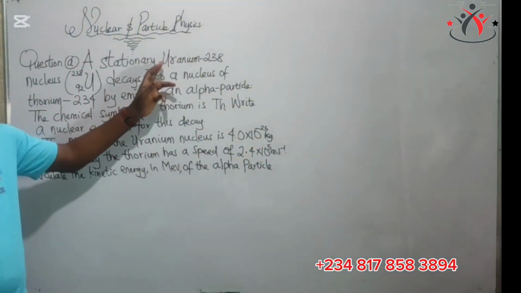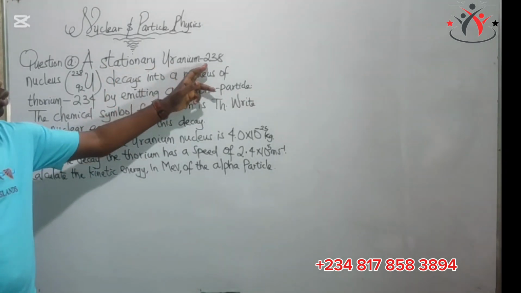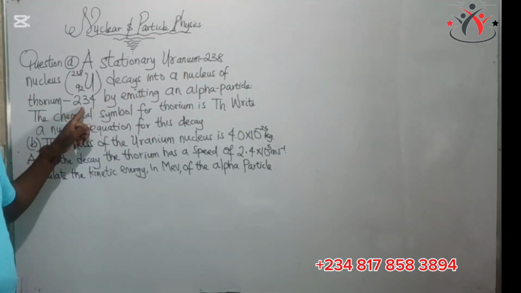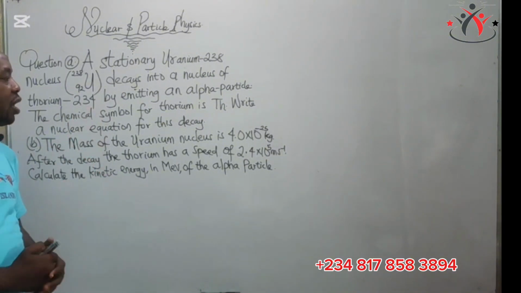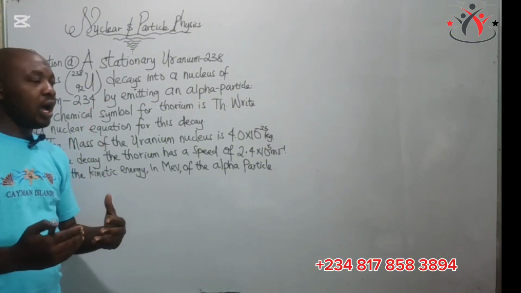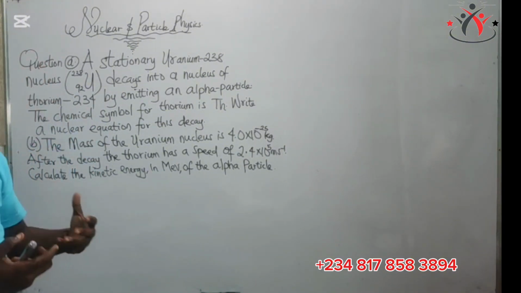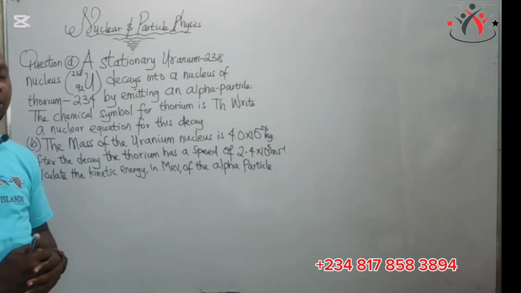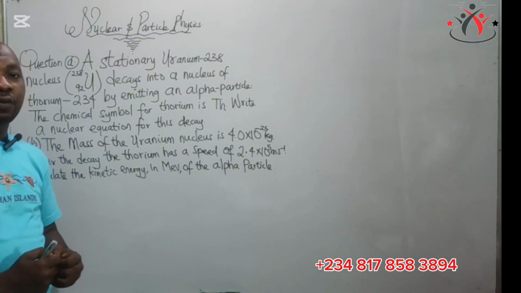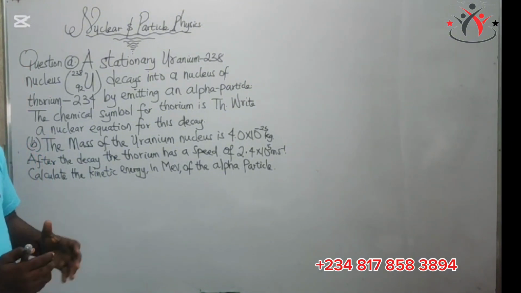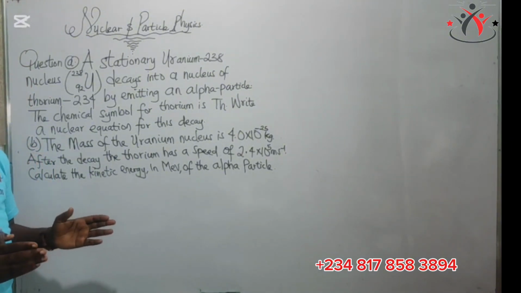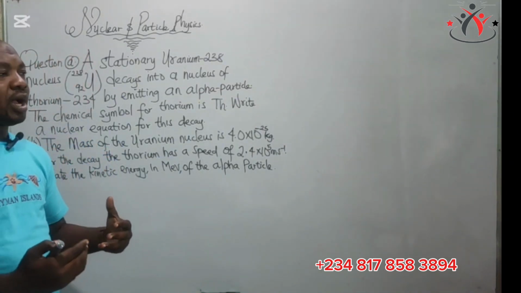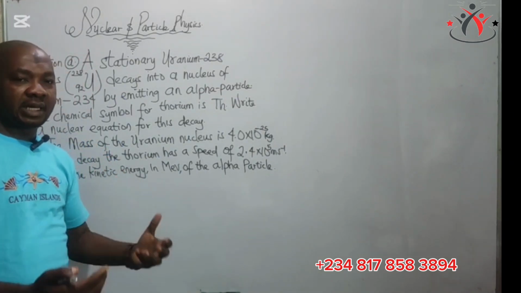That is the decay of a stationary uranium-238 into a nucleus of thorium-234, which loses an alpha particle. So to set up the equation, we need to understand what uranium decay means.